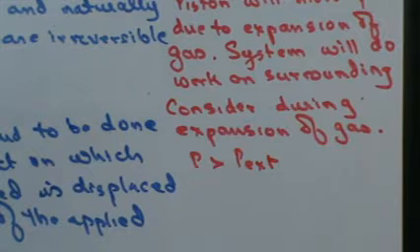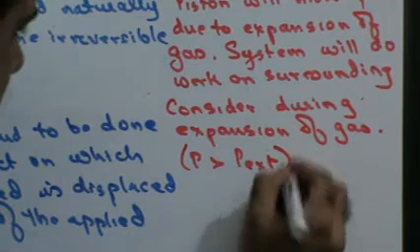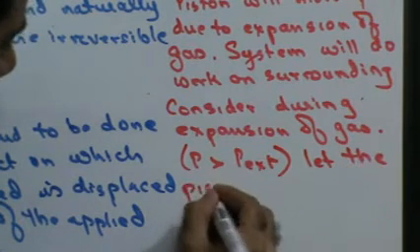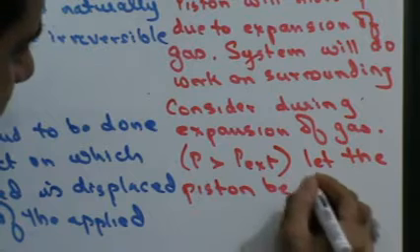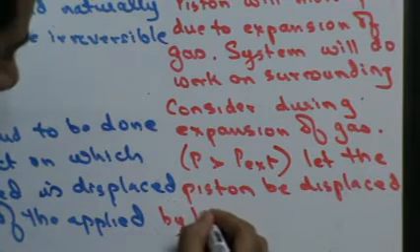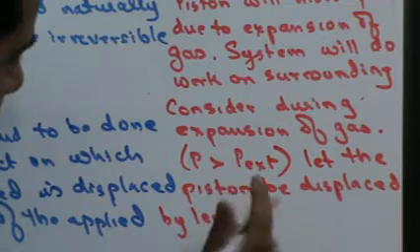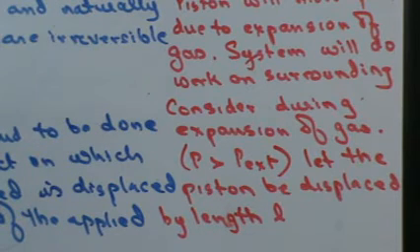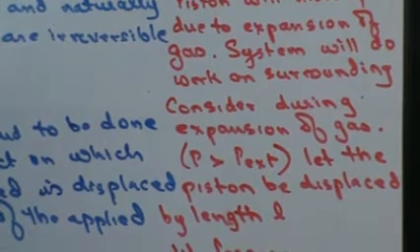Now during expansion of gas, let us assume that the piston is displaced by length L. Right? In which case by definition we know that work is force into displacement.